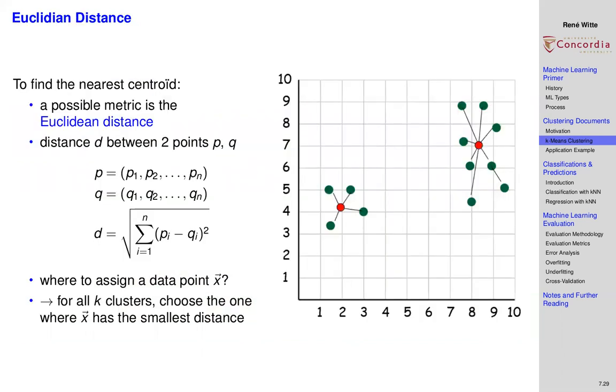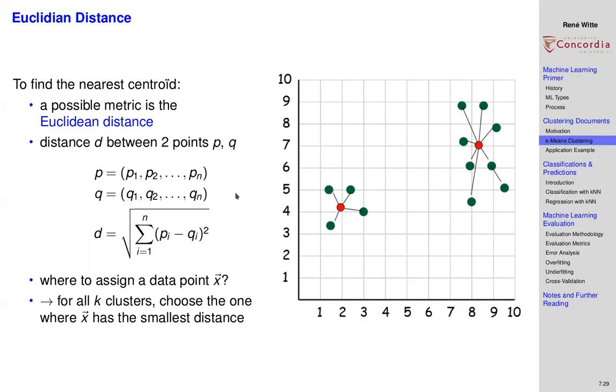So let's look at this in a bit more detail. Let's say here we have our initial data points. So again, it's two-dimensional to make it easier to visualize, but it works in any number of dimensions. Now we decided for k equals 2. So the two red dots are the two initial centroids. Now we have to compute the distance between each point and the two centroids.